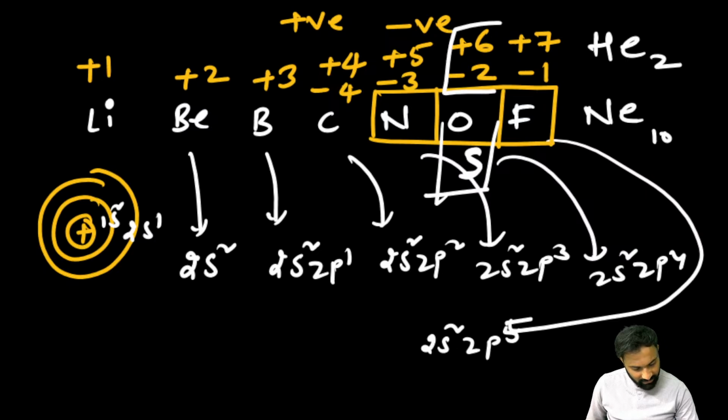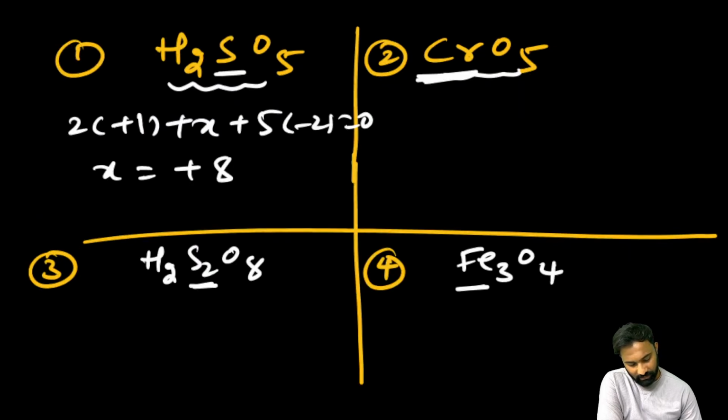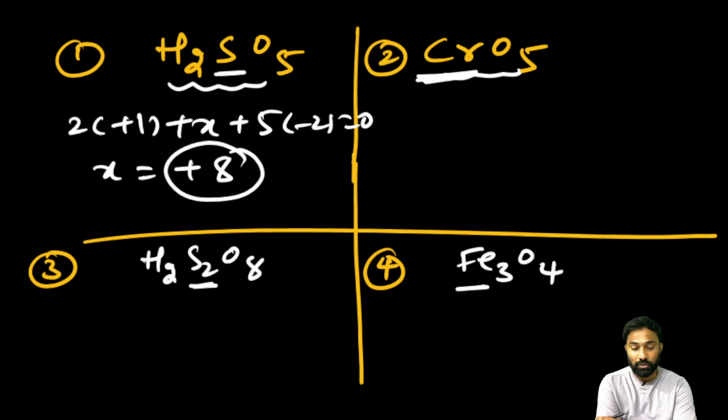Maximum it can lose 6 electrons, minimum it can gain 2 electrons. Means the entire oxygen family oxidation state should be between -2 and +6. But when you calculated, you got +8, which is not at all possible.